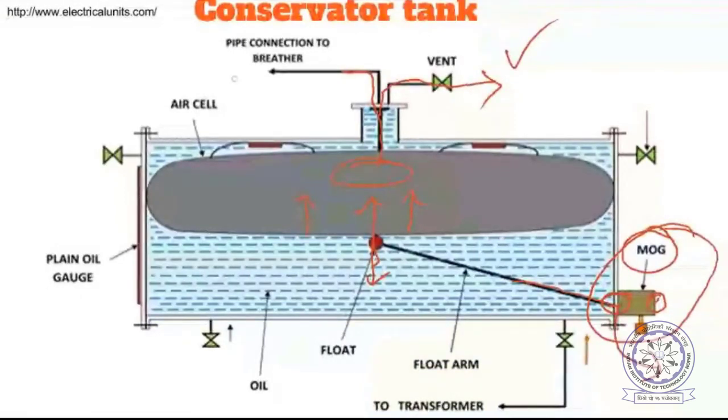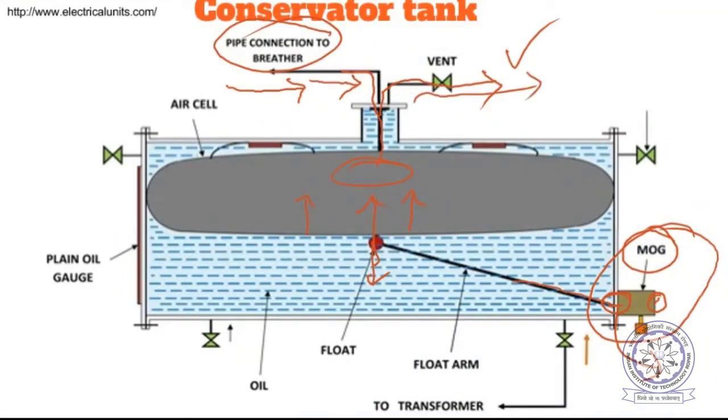But whenever air comes in, the moisture must be removed from it. So that must come through the breather. So incoming air will come through the breather, outgoing air will go through the vent. So the valve arrangement can be kept here. So it will happen like this.